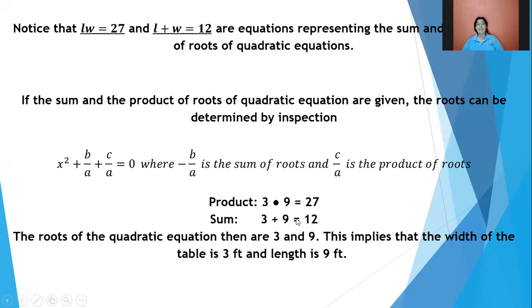What numbers give 27? That is 3 times 9. Again, for the sum, what numbers give 12? We have 3 plus 9. Therefore, the roots are 3 and 9. The roots of the quadratic equation then are 3 and 9.